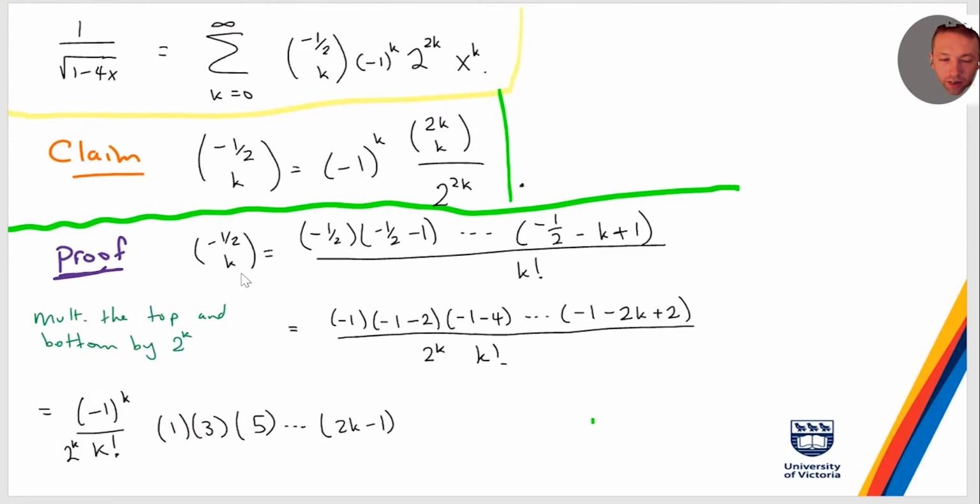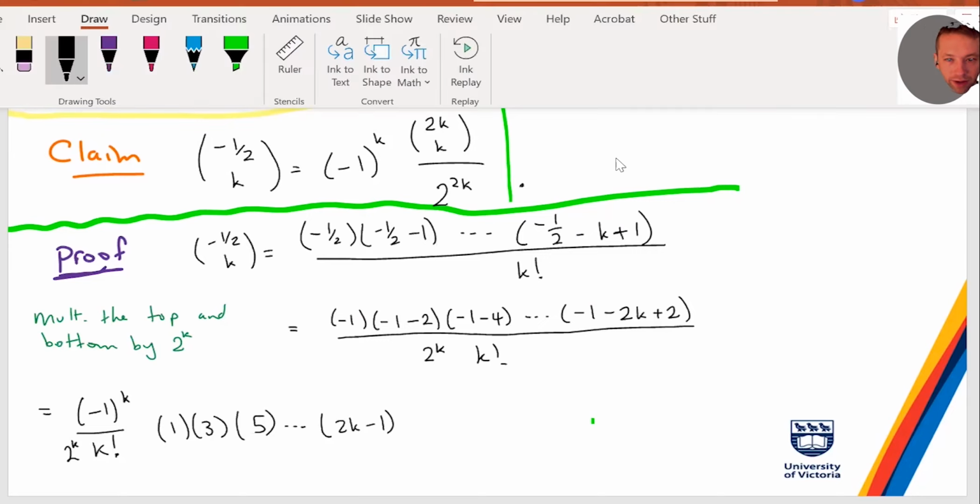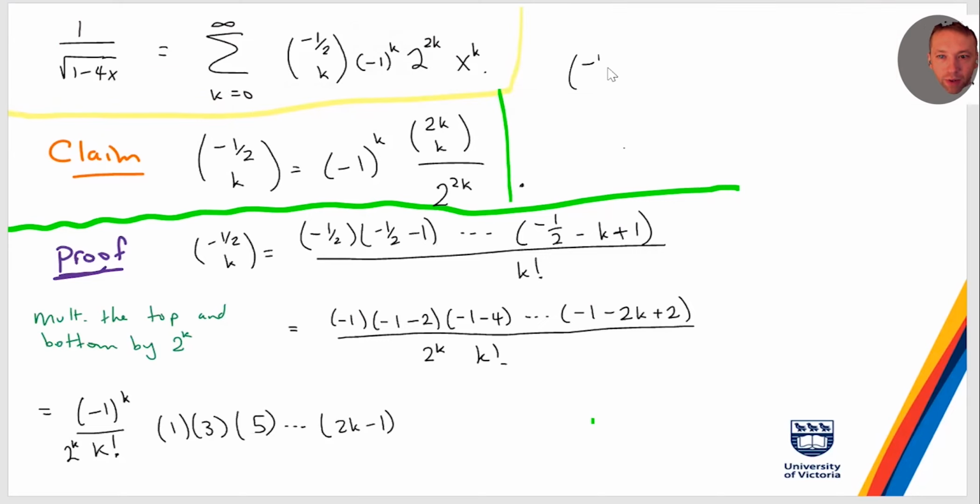Negative a half choose k is the falling factorial of negative a half to k over k factorial, where that falling factorial is just what's on top: negative a half times negative a half minus 1, negative a half minus 2, down to negative a half minus k plus 1. And then I've got this k factorial on the bottom.